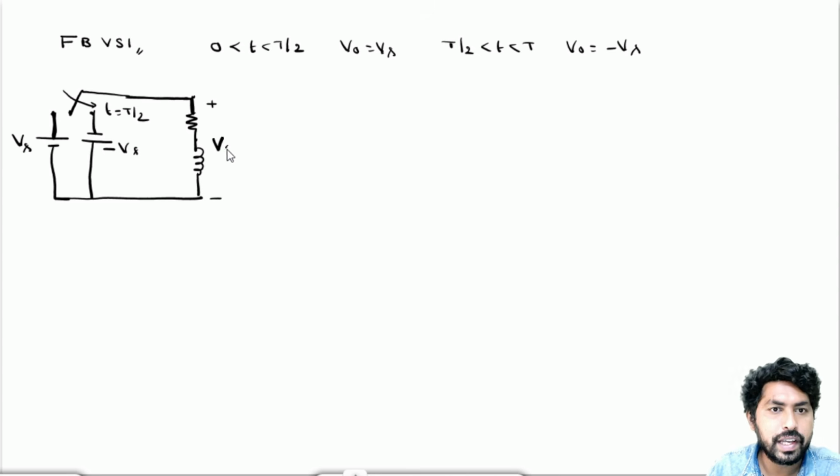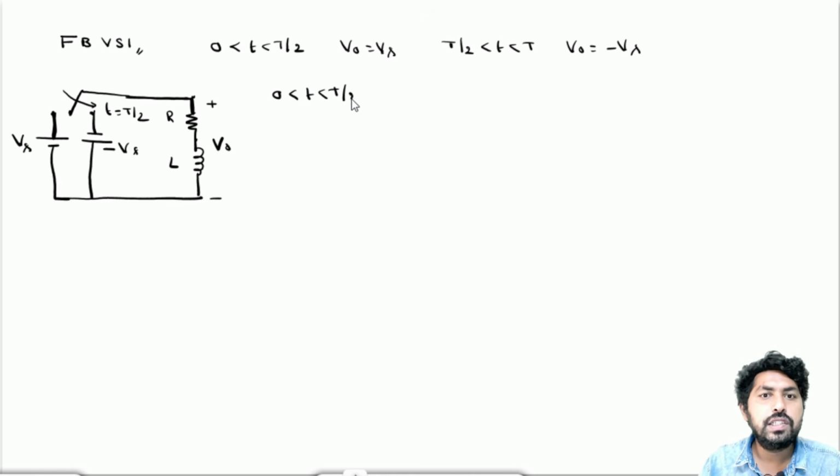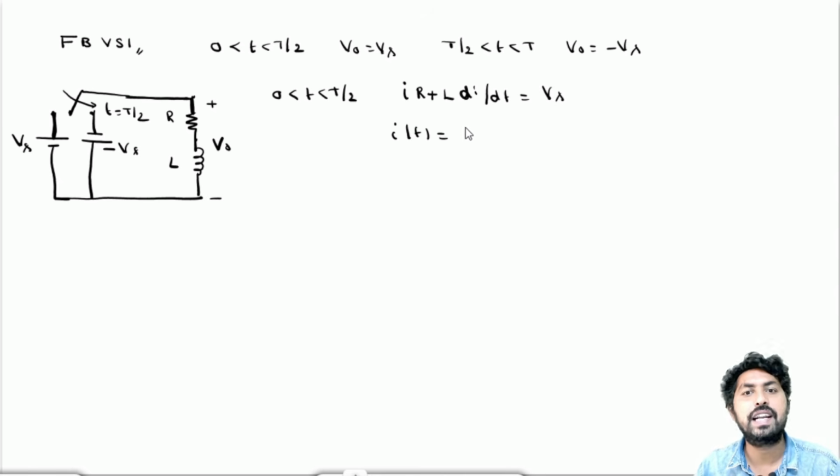The circuit we can represent like this. Initially up to T by 2, it is connected to Vs, that is 0 to t less than T by 2. So V naught is Vs, that is I into R plus L into di by dt equals Vs. If I simplify this, it is a combination of steady state response as well as transient response.